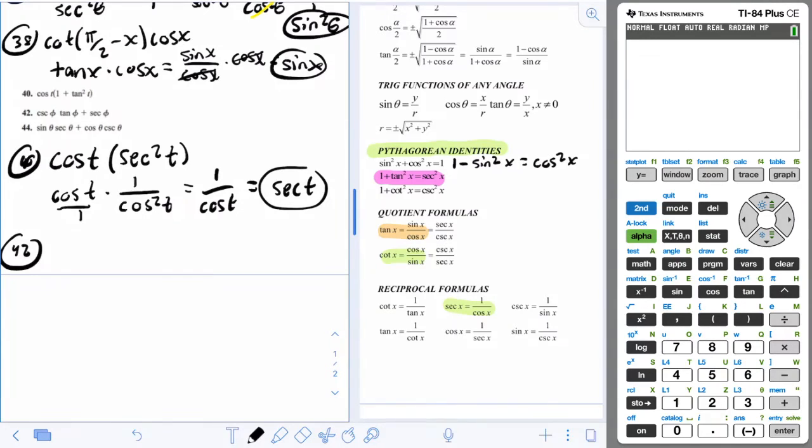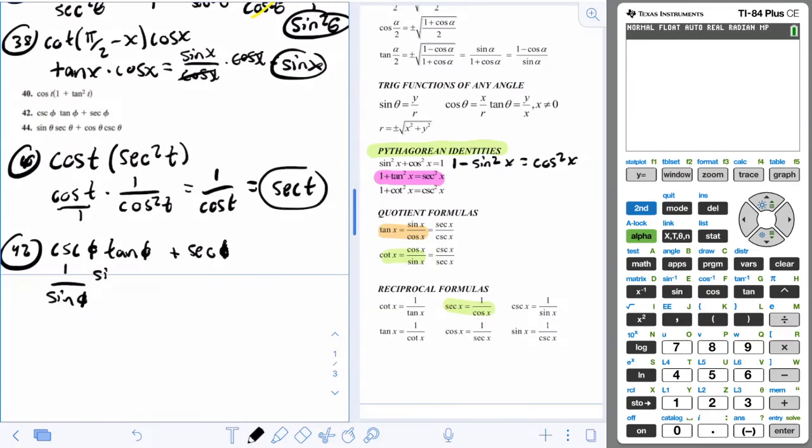For 42, we've got cosecant of phi times tan of phi plus secant of phi. So looking at this one, first instinct is to change again to sines and cosines, but I also want to simplify this left part here, this cosecant phi tan phi. So I'm going to try and see what I can do to simplify that. So cosecant is 1 over sine.